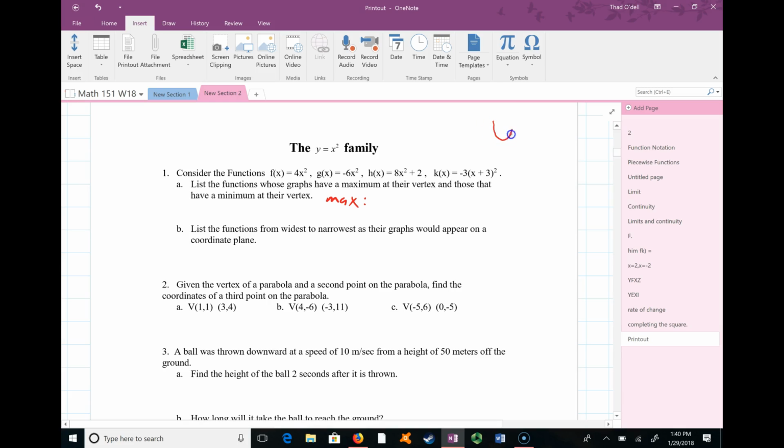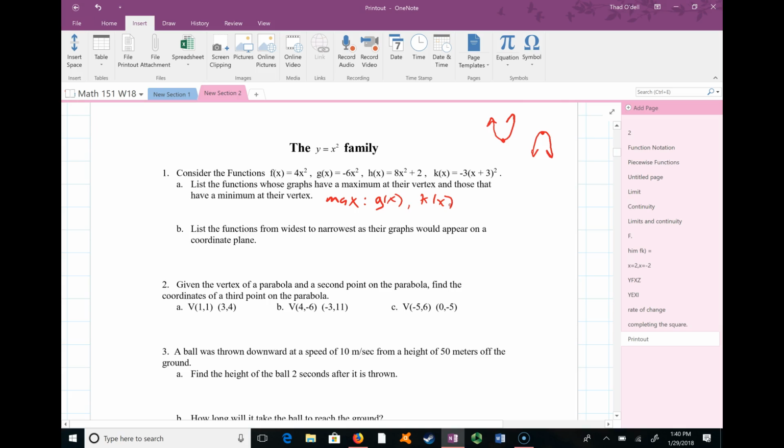A normal parabola looks like this. A reflected parabola looks like this. So you can say this one has a minimum, this one has a maximum. So the maximum ones would be all the ones with negative a's. So the maximums would be g of x and k of x. We're really not looking at anything else except for that number up front, the a.